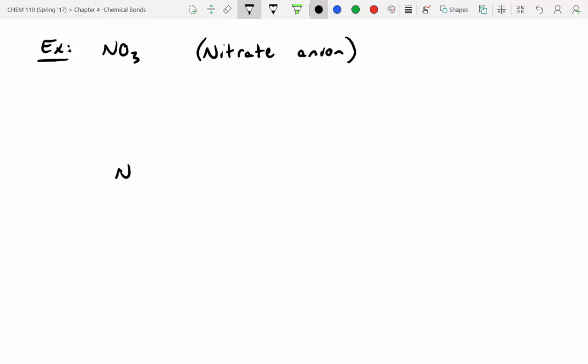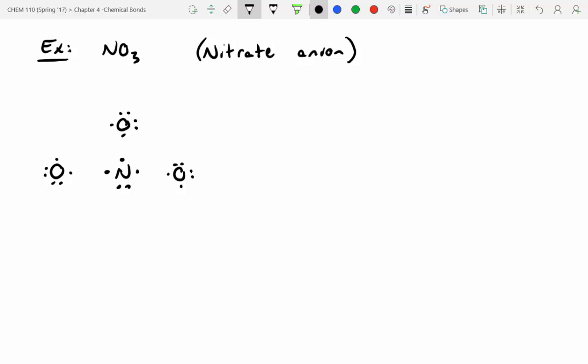I'll give you guys that hint. And we've got 3 oxygens out here. How many valence electrons for nitrogen? 5. Okay. 1, 2, 3, 4, 5. Oxygen? 6. 1, 2, 3, 4, 5, 6, for each of the three oxygens.